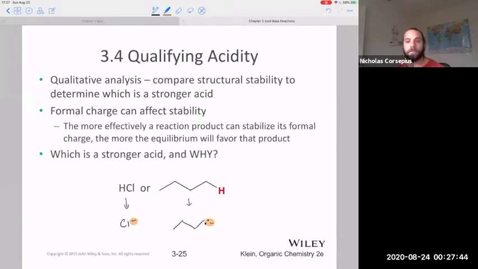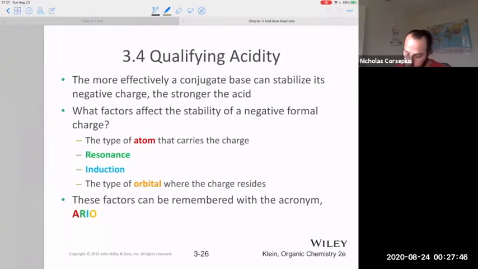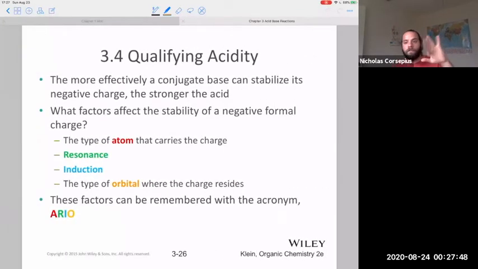So whenever we're asking ourselves which is the stronger acid, we're really asking ourselves what's the more stable conjugate base, okay? So there are going to be 4 factors that we're going to look at here, and these are in sort of order of decreasing importance, actually. The most important thing is the type of atom that's going to carry that formal charge. Then there's going to be resonance stabilizing effects. If that formal charge is stabilized through resonance, that's good.